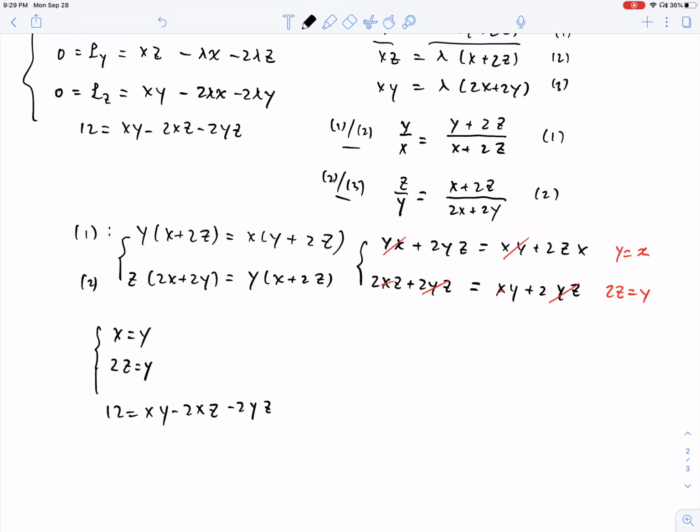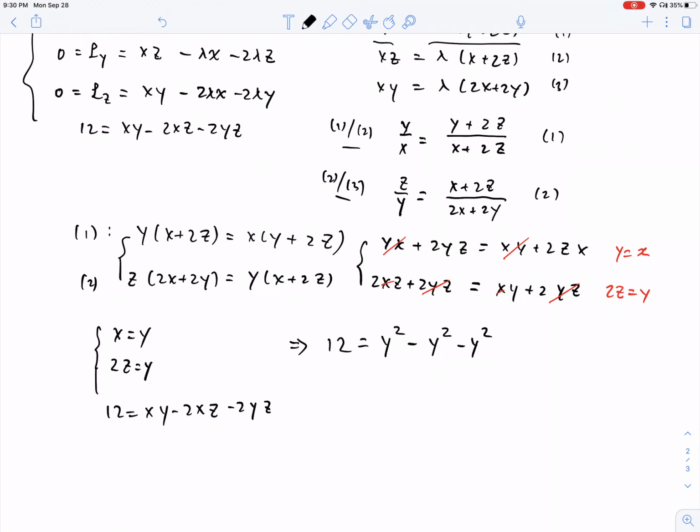So let's make everything about y. From over here, we're going to have 12 is equal to, x is equal to y, so we're going to have y squared, right? And then 2z is equal to y, so we have minus y squared, okay? And the next one, 2z is equal to y again, so we have y squared again.